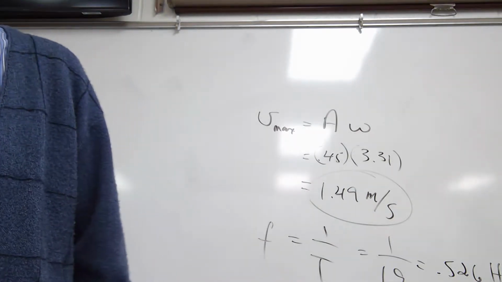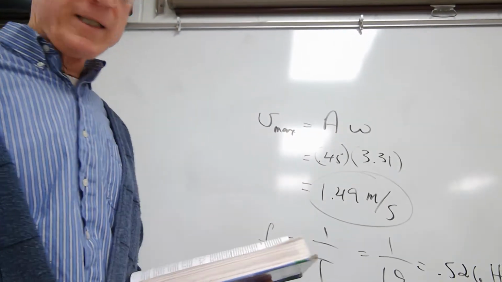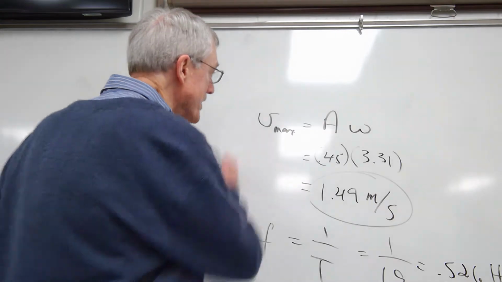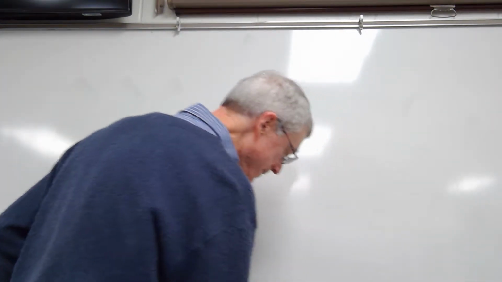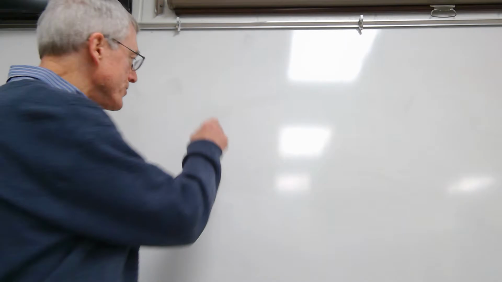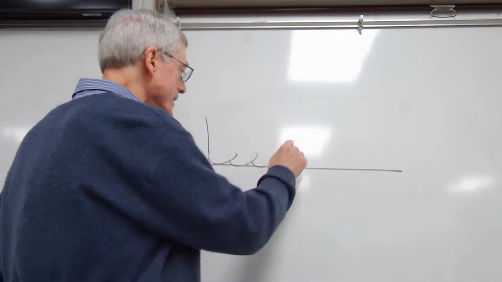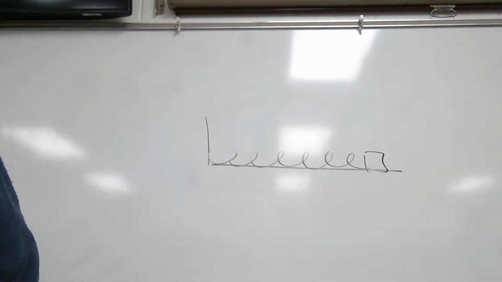That was number 19. Okay, that brings us to number 25, the next one we're going to do. Number 25 had these diagrams where there's a spring attached to the wall, and then there's a mass attached to the other end of the spring.